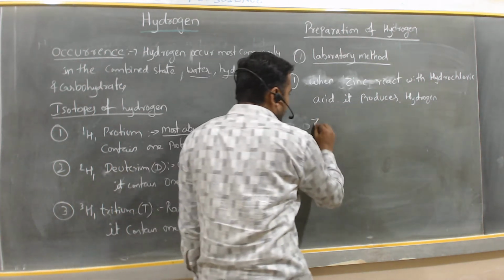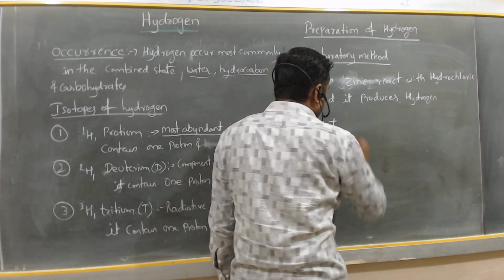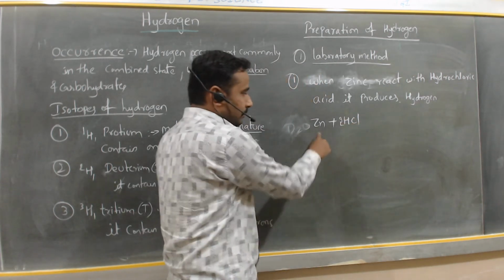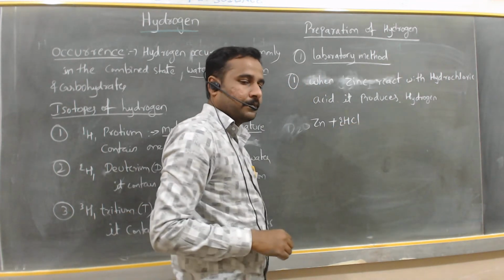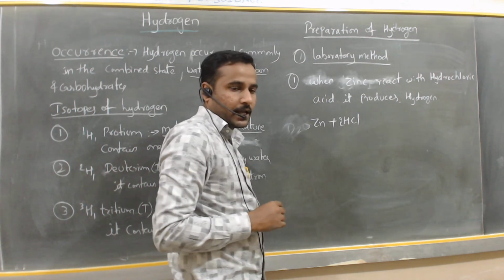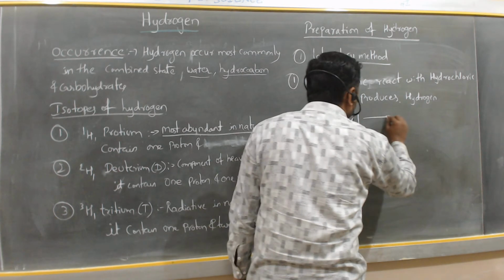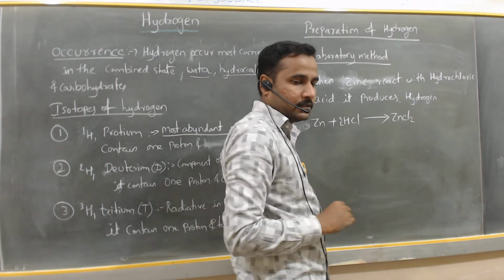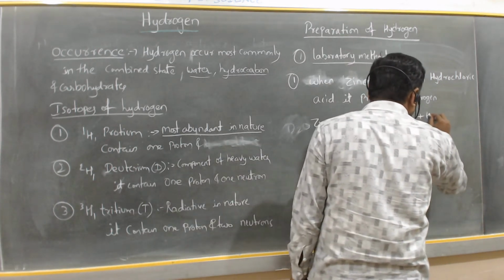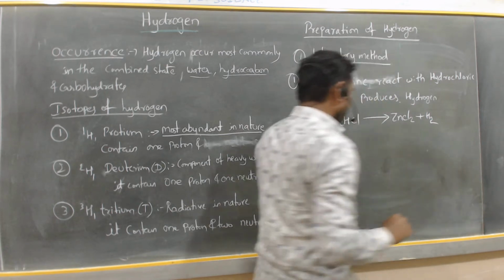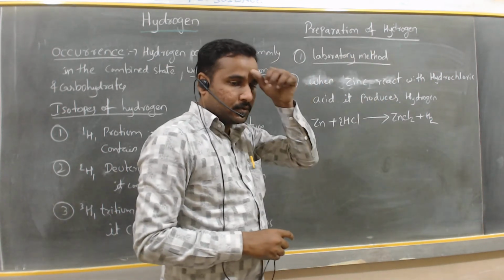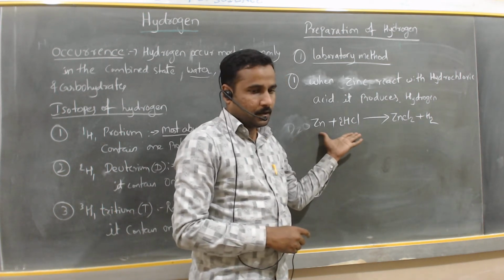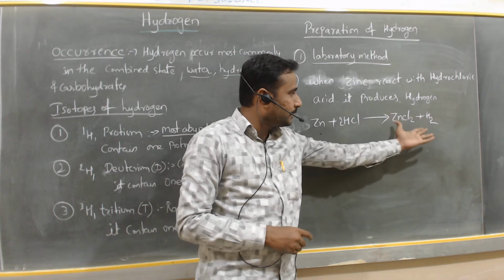How? Zinc reacts with 2HCl and gives zinc chloride, ZnCl2, plus H2. While writing the reaction, keep in mind that however many atoms are on the reactant side, that many should be on the product side.